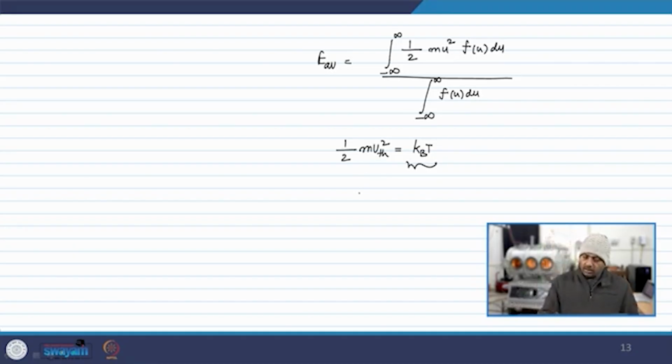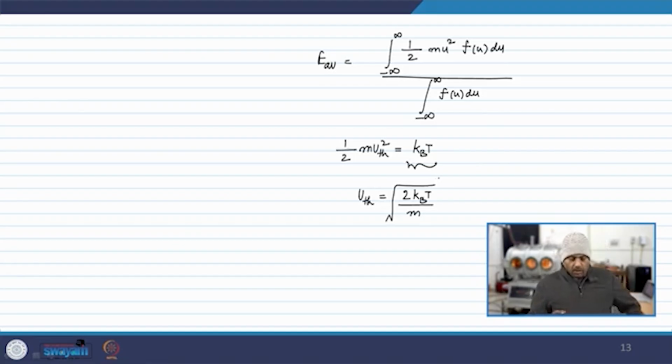So, we can write the thermal velocity, that means the particle's motion because of its temperature, can be represented in terms of the thermal velocity. So, thermal velocity is square root of 2 kBT by m, right.